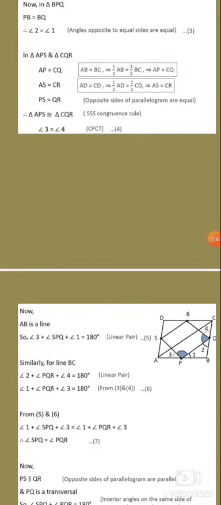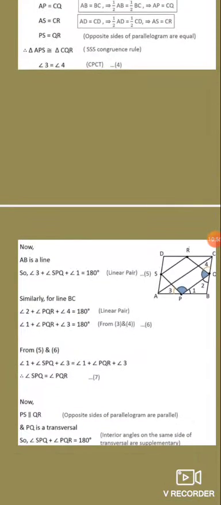Now AB is a line. So angle 3 plus angle SPQ plus angle 1 equals 180 degrees using linear pair. Put equation number 5. Similarly for the line BC, angle 2 plus angle PQR plus angle 4 is equal to 180 degrees, linear pair. Now angle 1 plus angle PQR plus angle 3 is equal to 180 degrees, from equation number 3 and equation number 4.